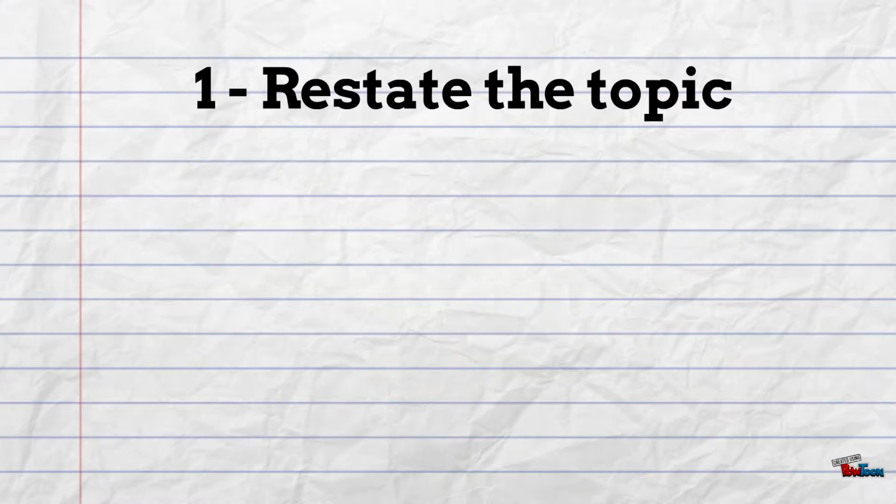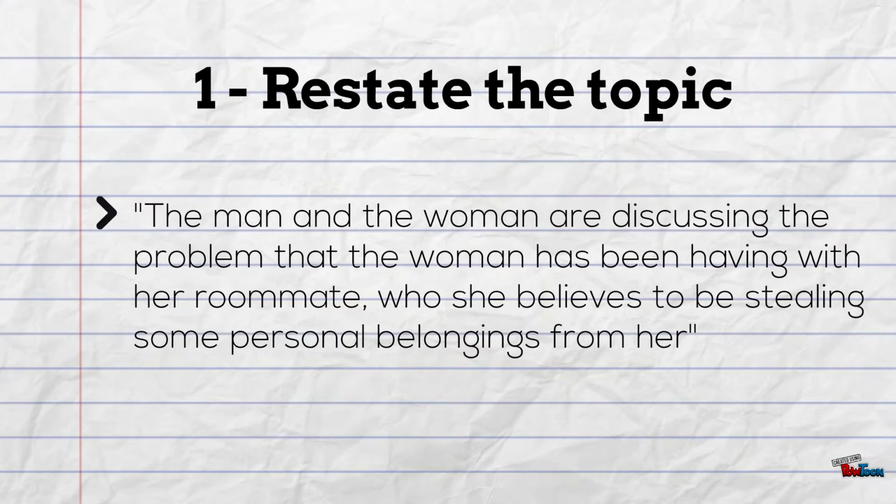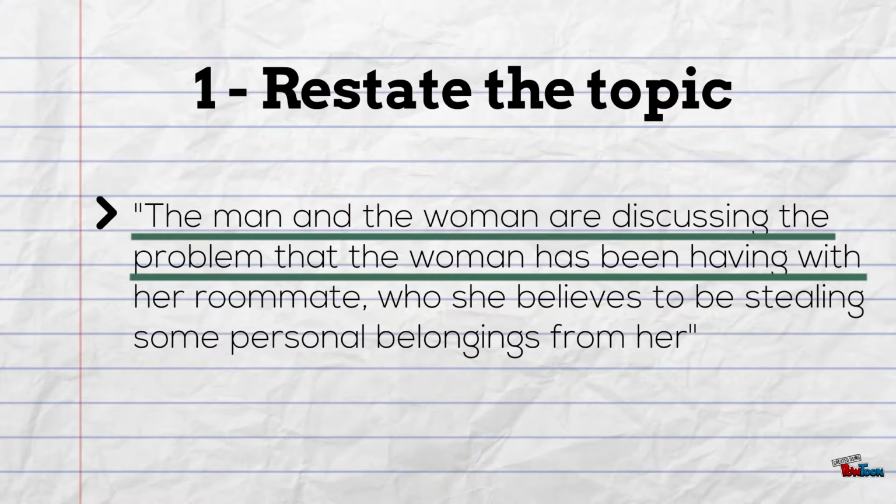To begin, you should restate what the conversation is about. You could do that by saying, the man and the woman are discussing the problem that the woman has been having with her roommate, who she believes to be stealing some personal belongings from her. If you look at this part, you will see that the highlighted words, which are over half of the sentence, could be used in any other example.